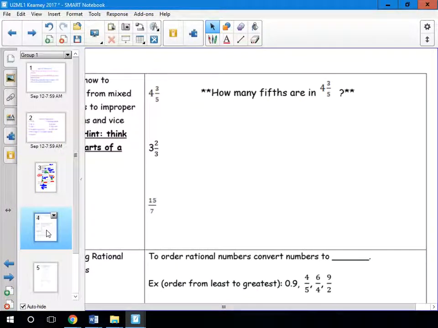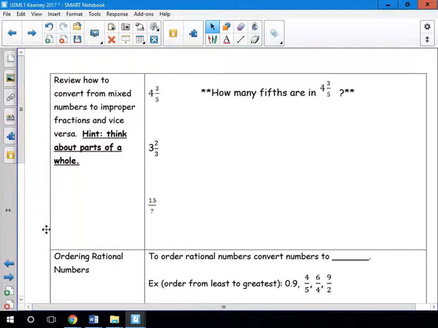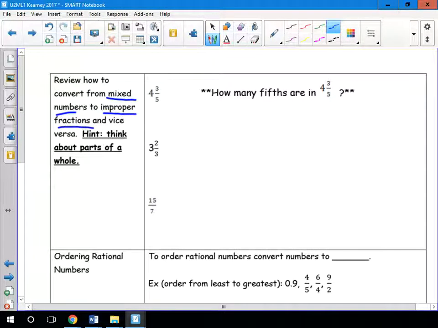And then my final, if you look over on the right side of your paper, we're converting now from a mixed number to an improper fraction. Okay, so to convert from a mixed number to an improper fraction, we have 4 3/5. Just to remind you, I know many of you already remember this from 6th grade.